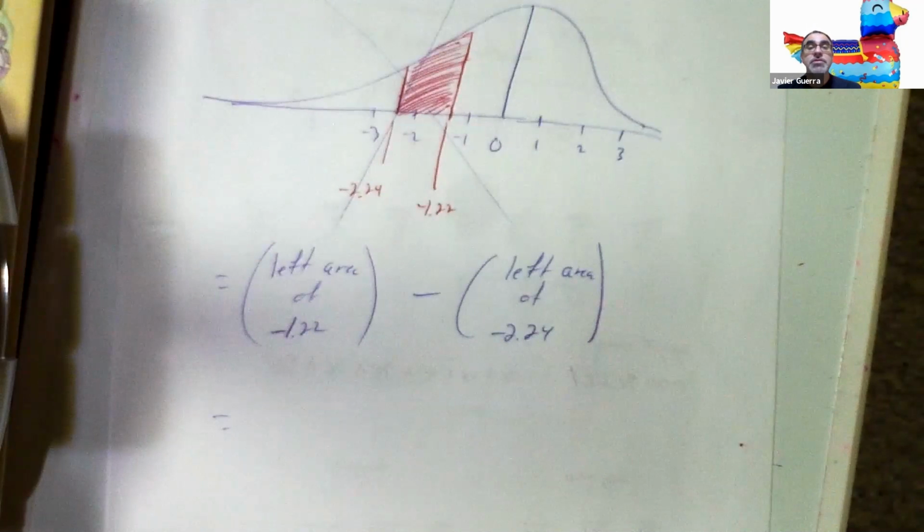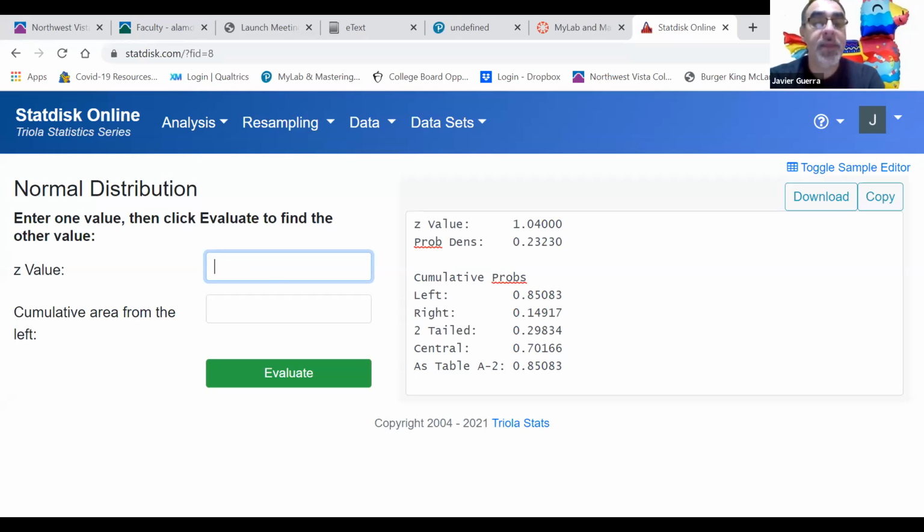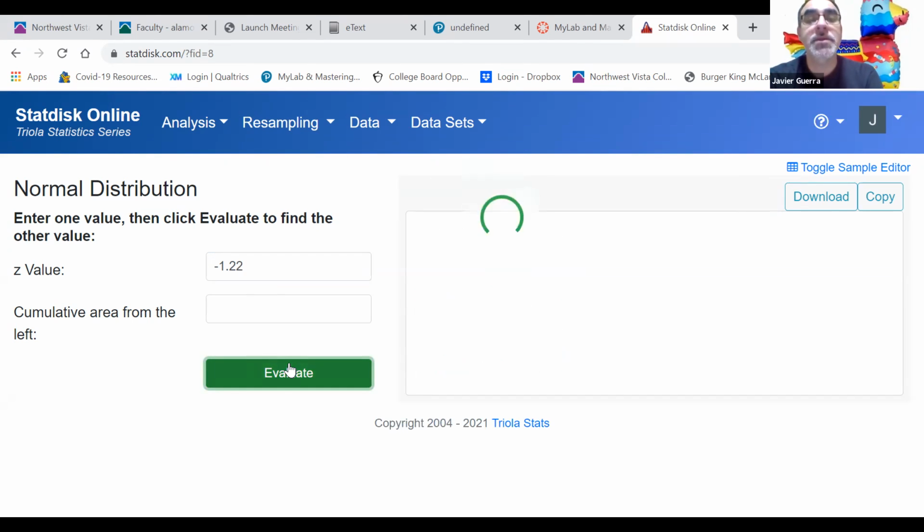Okay, so we're gonna go in StatDisk and type those numbers in and just get the left. Here we go. -1.22. I'm gonna hit it a couple times.